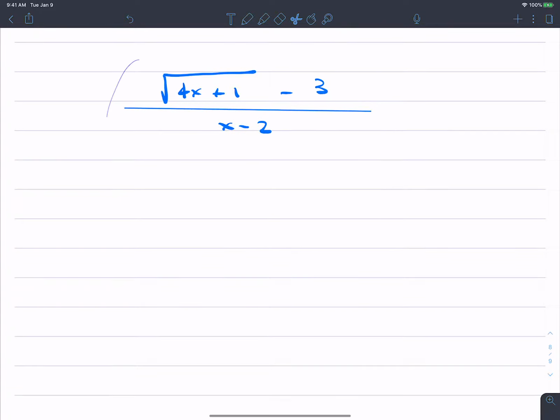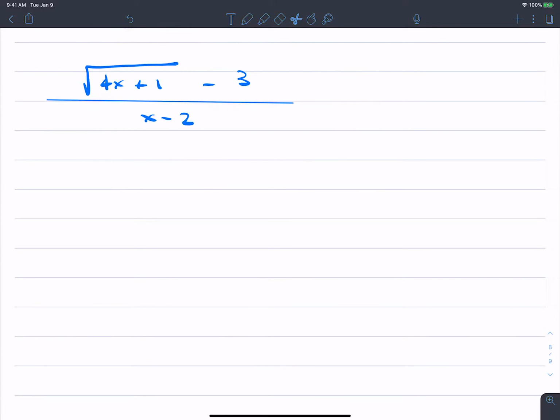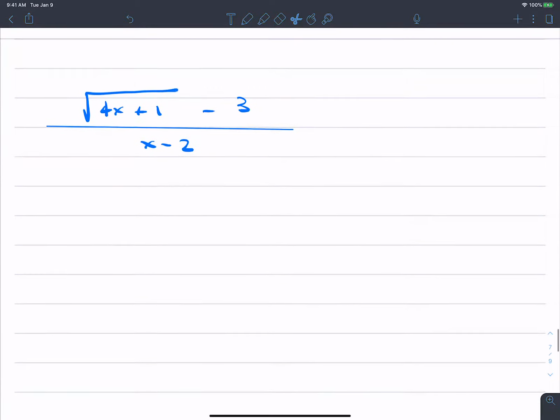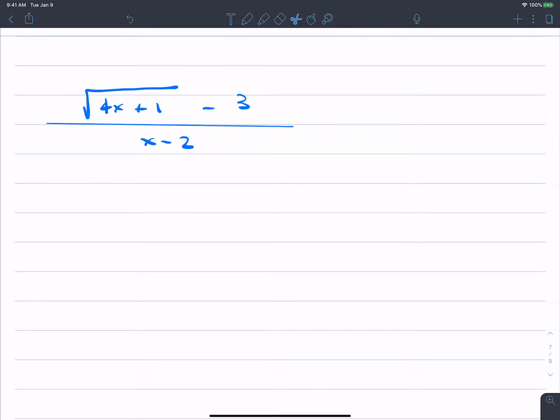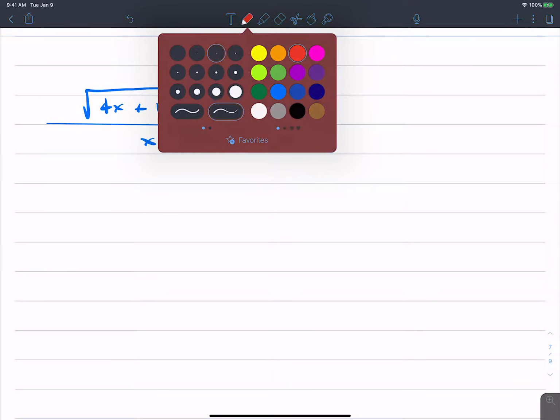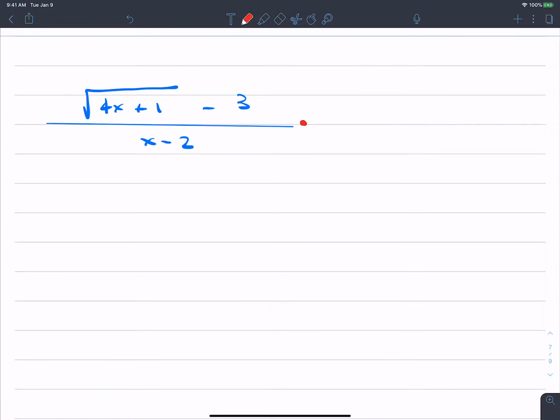And I'm going to move this over here to my left because it's going to be interesting. And here you go. So now you might say, well, what do we do? I can't factor. I can't expand. It's not really subtracting rationals. Every other example we did doesn't apply here.